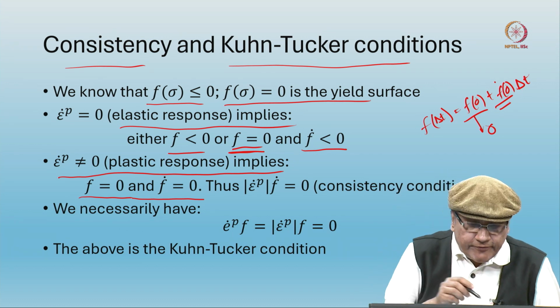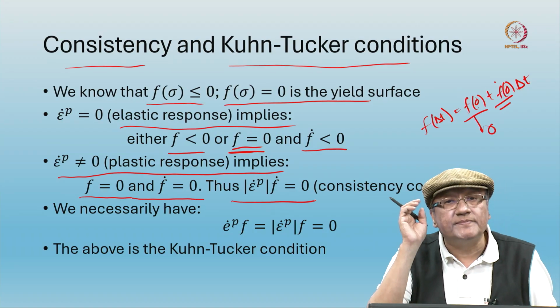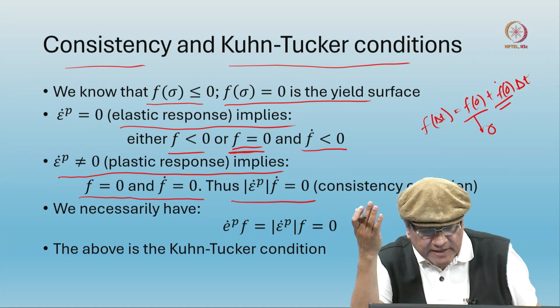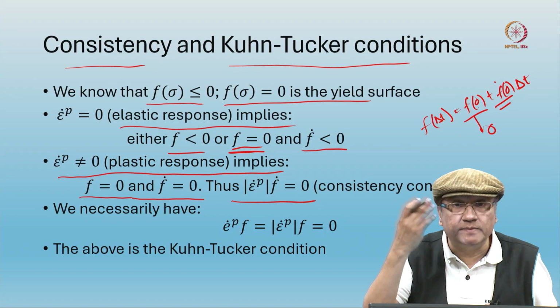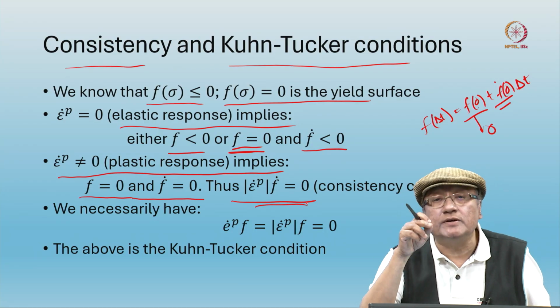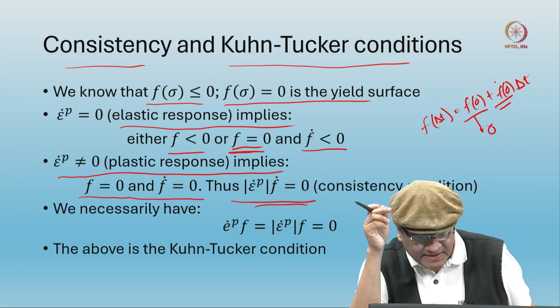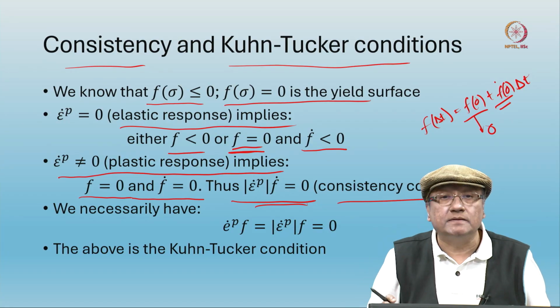If you combine all these, then it means that modulus of epsilon p dot times f dot is always 0, irrespective of whether it is elastic or plastic. In the elastic case, epsilon p dot is 0, so this is 0. In the plastic case, epsilon p dot is not equal to 0, but f dot has to be equal to 0. So, this is always true. This is called the consistency condition in classical plasticity.